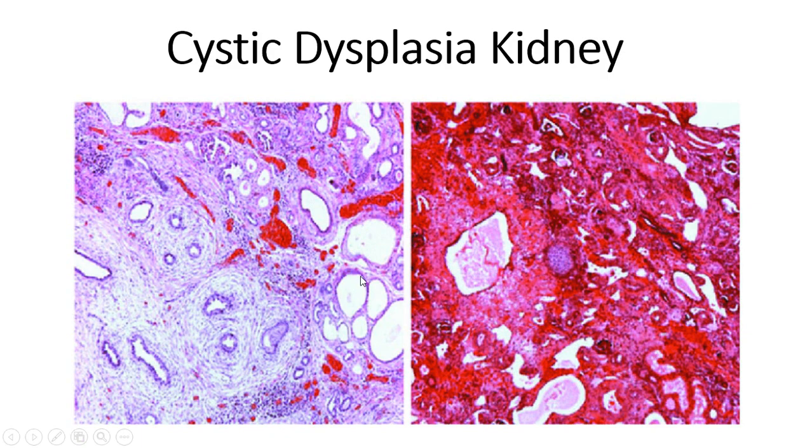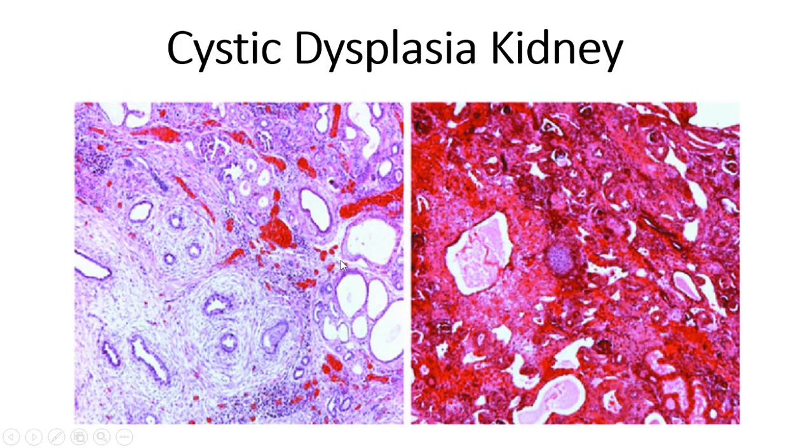Okay, this is the cystic formations, but if you know the normal structures of kidney that are composed of glomeruli and also tubules, you will see the compact formations of glomerulus and tubules.